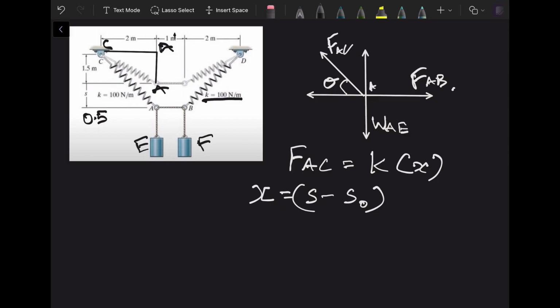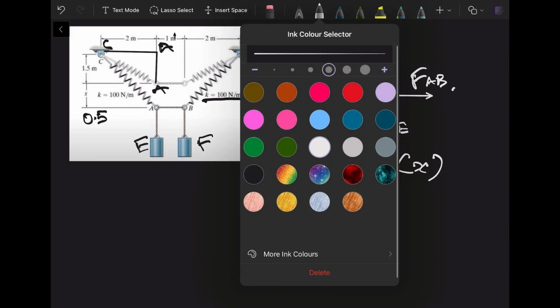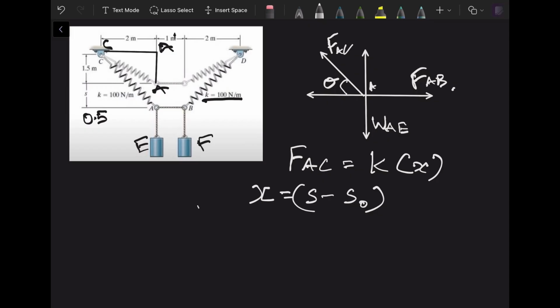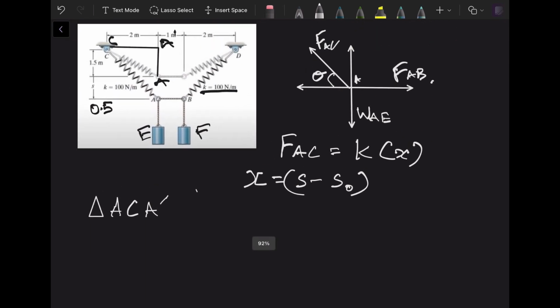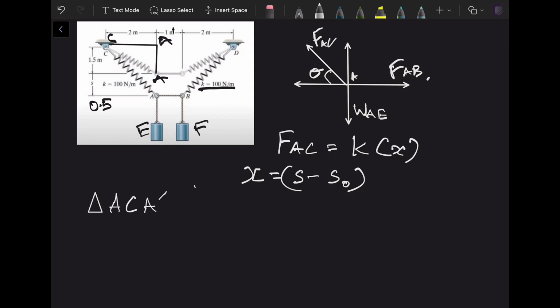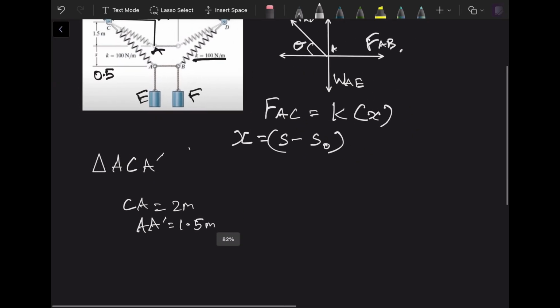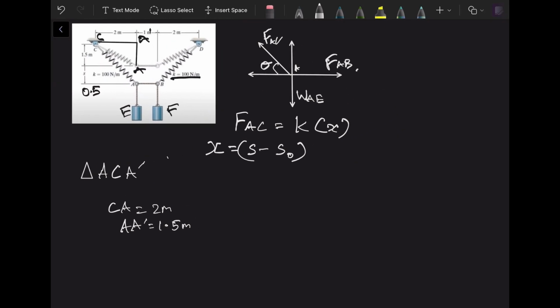In the triangle A, C, A dash, we know that CA dash is equal to 2 meters and A dash A is equal to 1.5 meters.